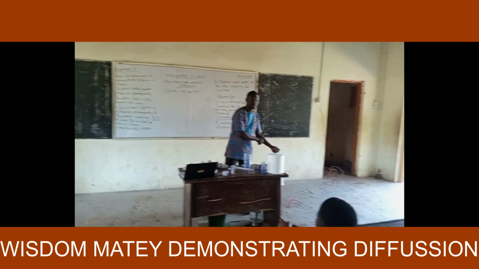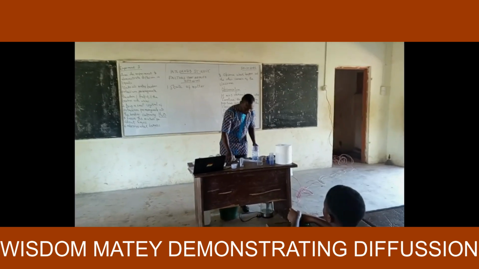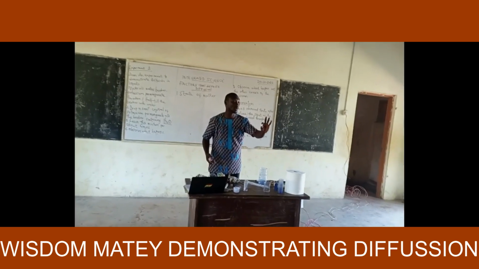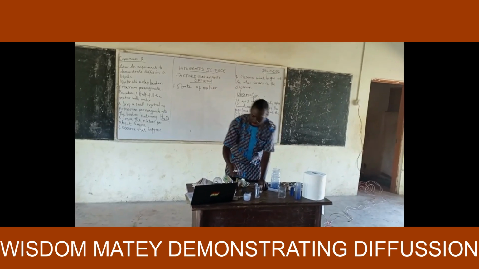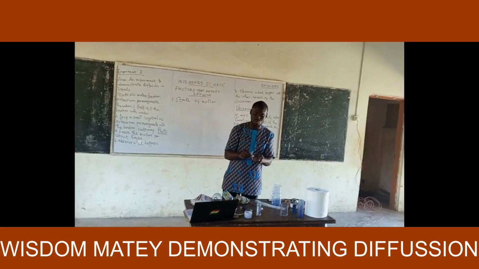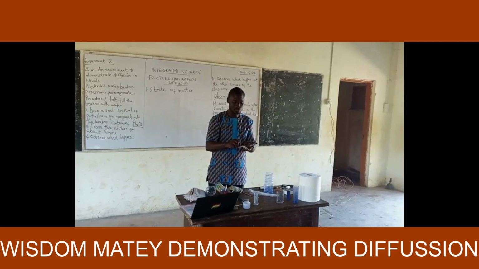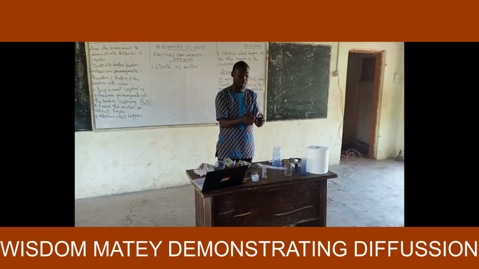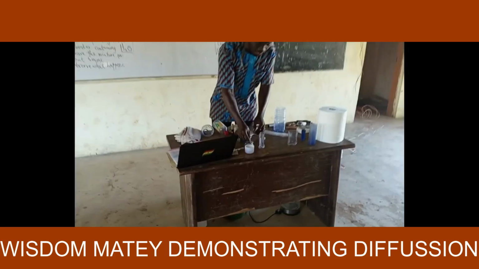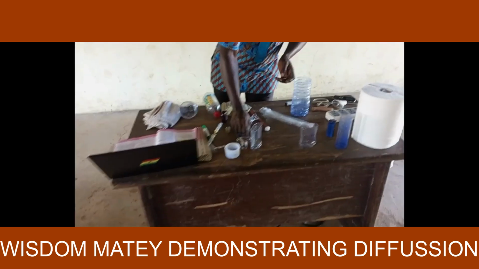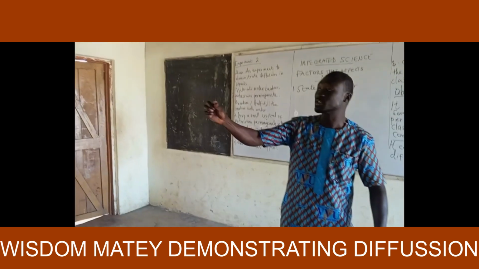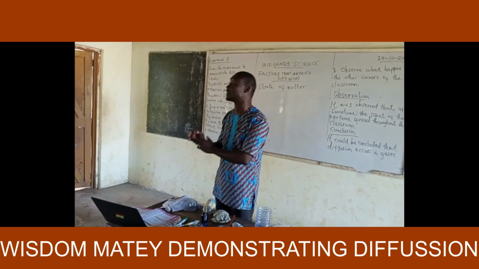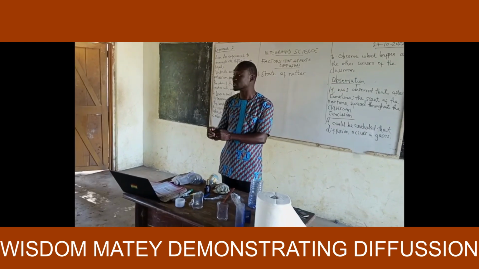The solid. So if, for example, I have this naphthalene ball, the one we call camphor, or I have the solid or stony form of the potassium permanganate, if we are to diffuse this, you got to know that it will take some time before it will be what?